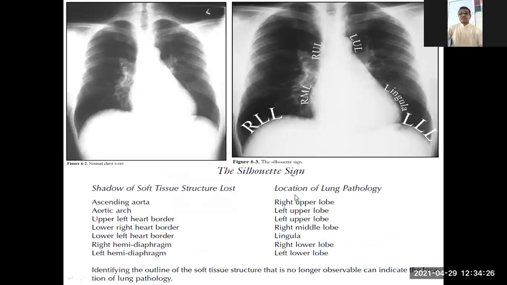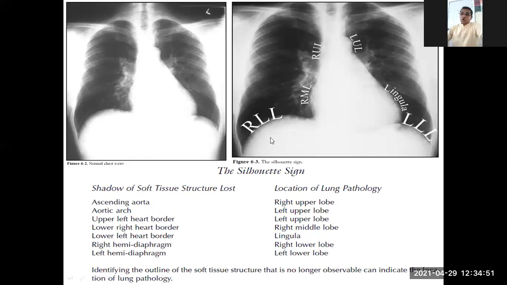Then we discussed a bit about the silhouette sign. A normal silhouette means the normal structures and borders need to be there, like the ascending aorta. Otherwise the shadow of this soft tissue structure will be lost.